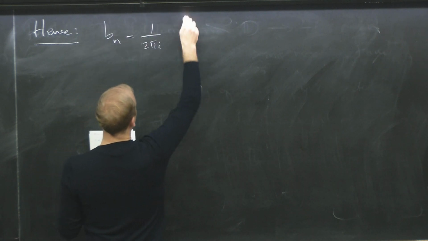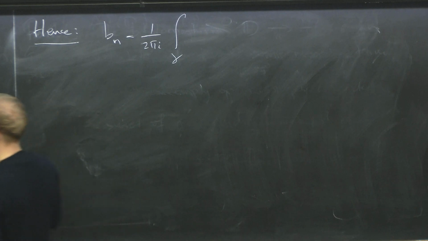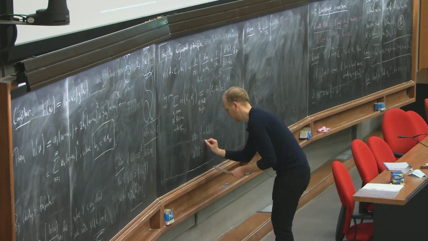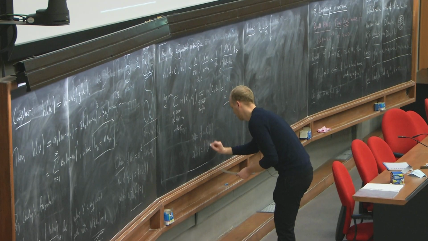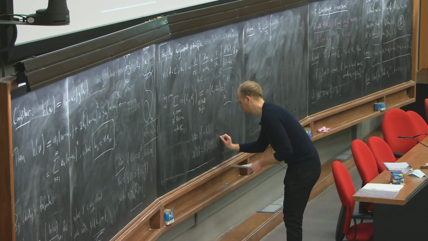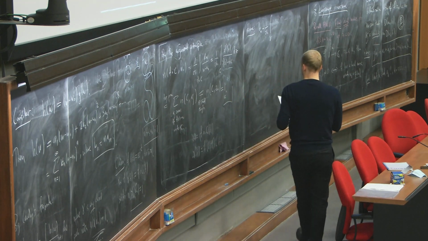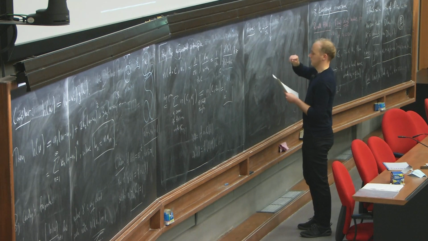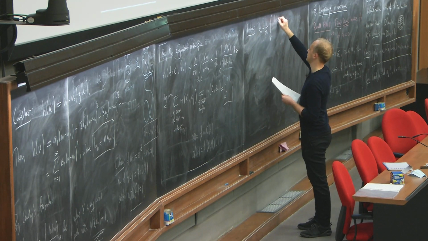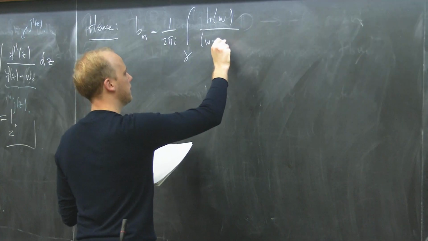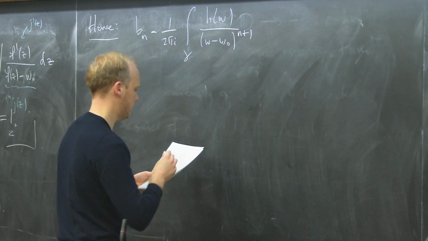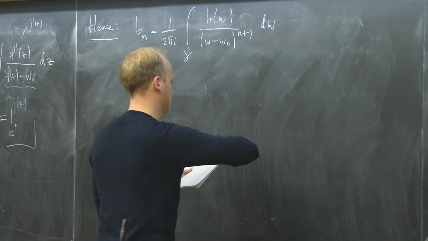So I write down again. Now we are going to use gamma, which is f composed with c, so that gamma prime of t is equal to f prime of c of t times c prime of t. So using all these things, we get that these coefficients b_n are given by the integral of h of w over (w minus w0) to the n plus 1 dw.